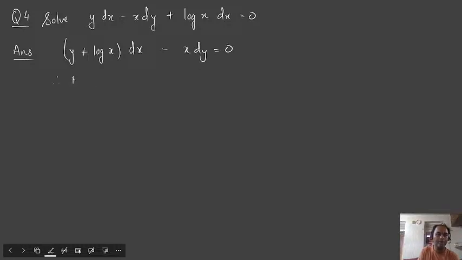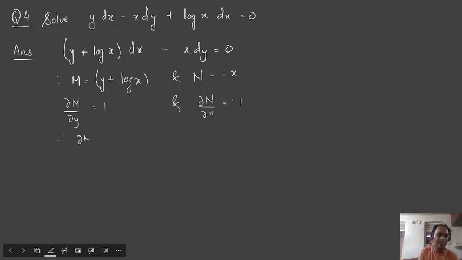So here you have M equals y plus log x and N is equal to minus x. So dM by dy is equal to 1, right? And dN by dx is minus 1.